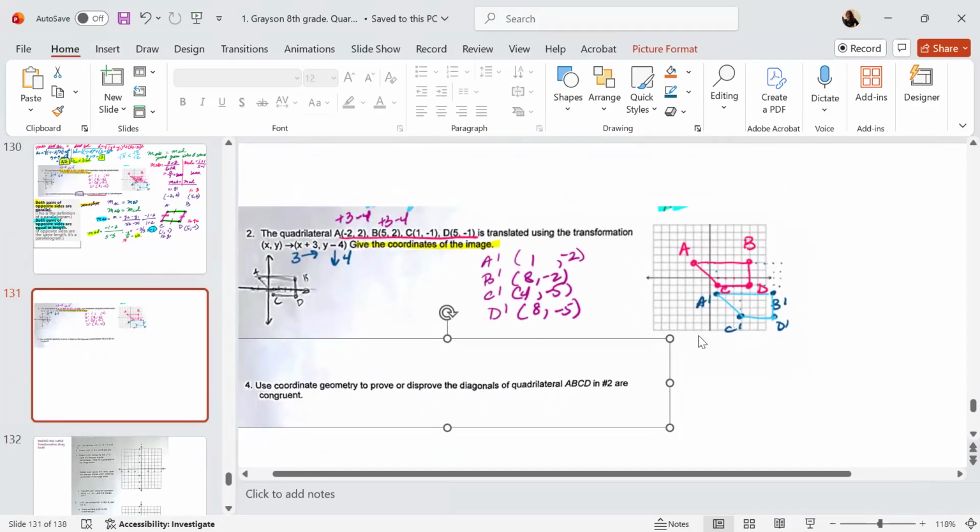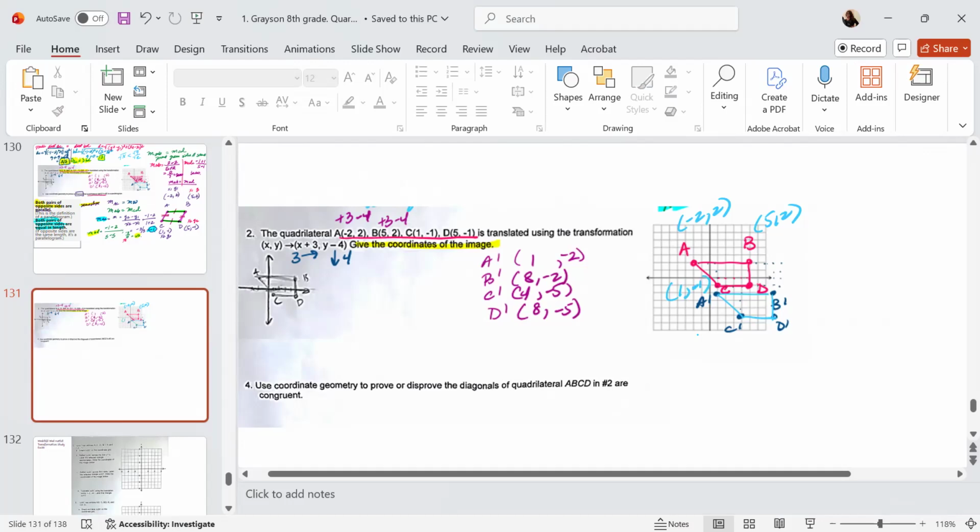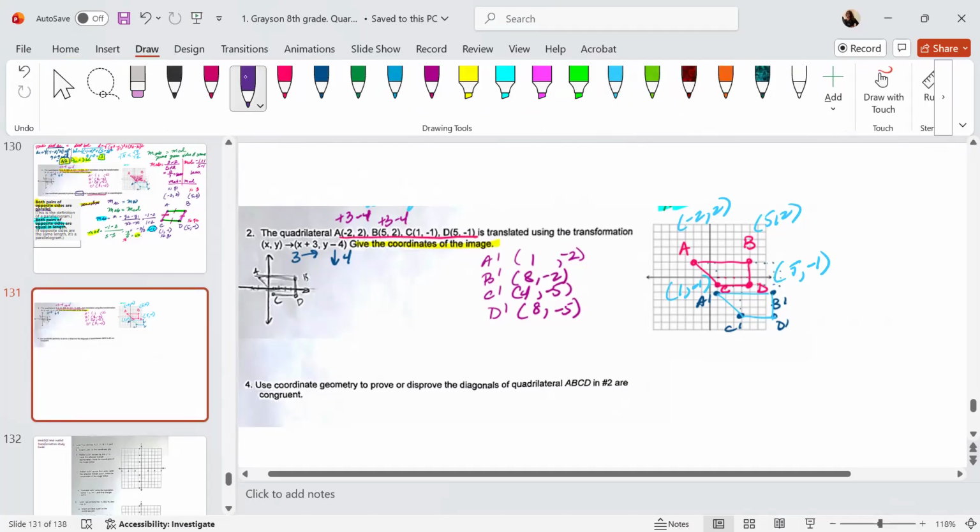Okay, diagonals, correct? Yes. So you have A, which is -2, 2, B, which is 5, 2, C, which is 1, -1, and D, which is 5, -1. I want you to take a color pencil and draw your diagonals. What are the diagonals?